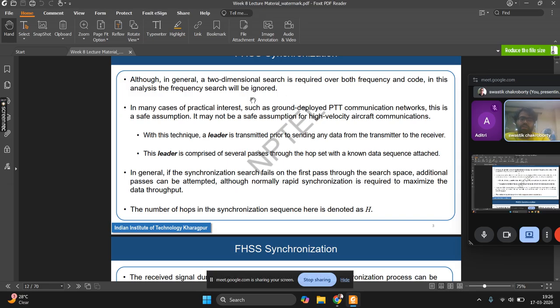Now, with this technique, a leader is transmitted prior to sending any data from transmitter to receiver. The leader is comprised of several passes through the hop set with a known data sequence attached. So basically, like a pilot you are sending, and that pilot will hop through multiple frequencies and will check whether it is locking onto the frequency or not.